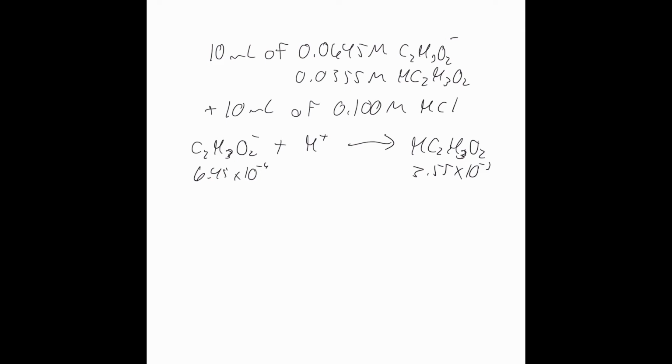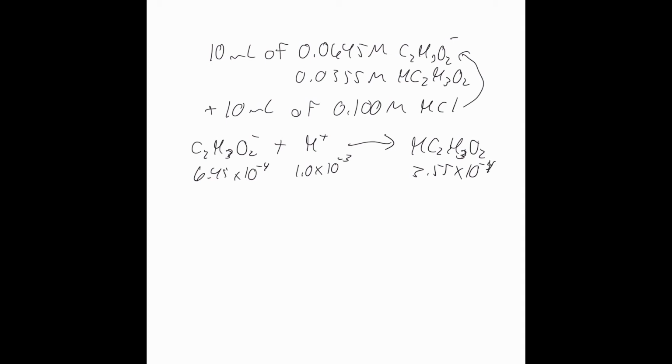And so we're doing the same thing. The acid's going to react with the base, not the acid. So I've set up the reaction, and we've got our acetate. The moles is 6.45 times 10 to the minus 4. 3.55 times 10 to the minus 4 of the acetic acid, and then we're adding 10 milliliters of 0.1 molar, so that's going to be 1.0 times 10 to the minus 3.